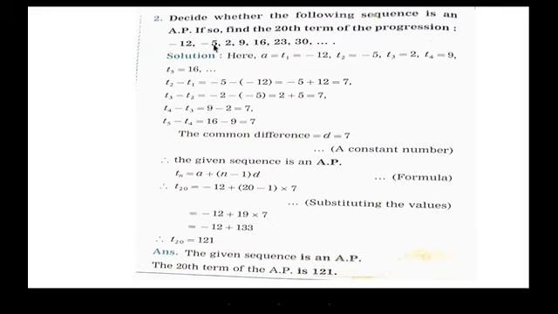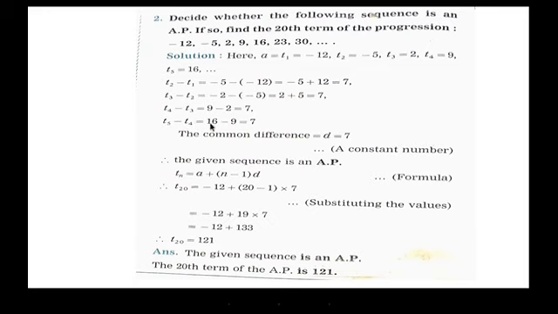So the common difference T2 minus T1 will be minus 5 minus of minus 12, that is minus 5 plus 12, which is equal to 7. Then T3 minus T2 will be 2 minus of minus 5, that is 2 plus 5, which is equal to 7. T4 minus T3 is 9 minus 2, which is equal to 7.